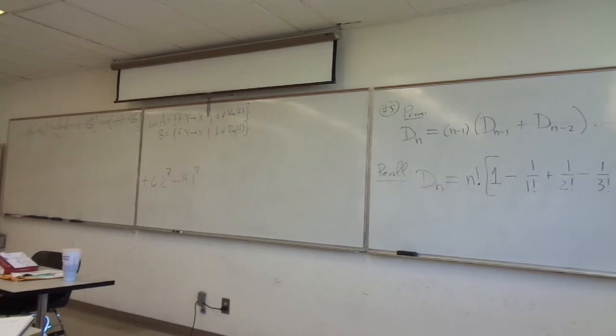Got an idea? Pull out n minus 2 factorial. Okay, good. So there's n minus 2 factorial here, and there's n minus 1 factorial here. So those two expressions have almost all of the same factors, don't they? So I'm actually going to do that. That's actually the next thing I wanted to do, which is to take out the n minus 2 factorial and pull it way out in front.